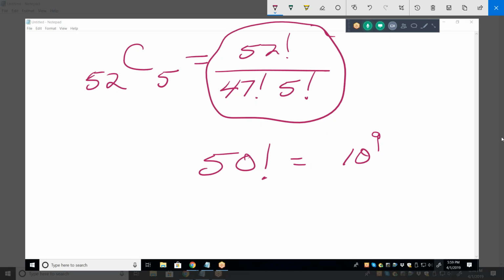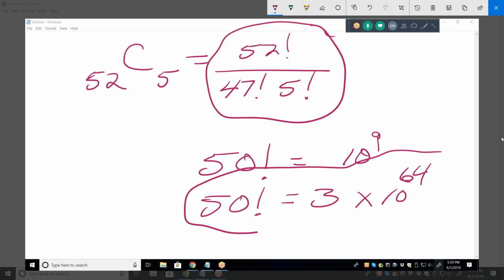No, because that's 50 times 49 times 48. It's 3 times 10 to the 64th power. Oh, dang. That is more molecules than exist in the entire universe. 3 times 10 to the 64th power.